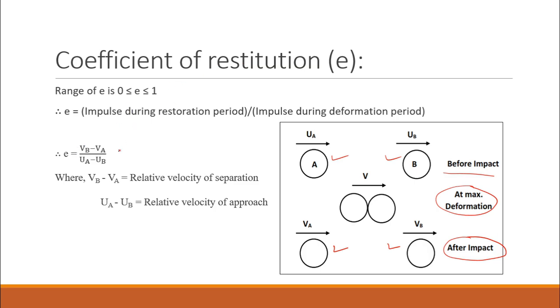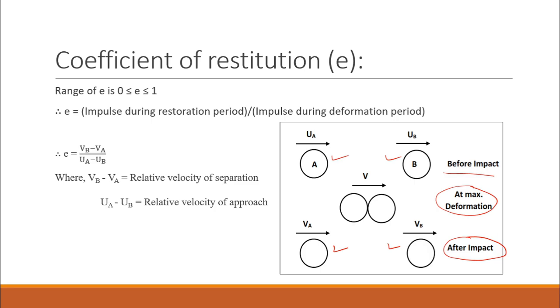According to this ratio, e is equal to (VB minus VA) upon (UA minus UB). VB minus VA is the velocity after impact, or we can say the relative velocity of separation, and UA minus UB is the initial velocities of both particles, or we can say the relative velocity of approach, that is the relative velocity before impact.